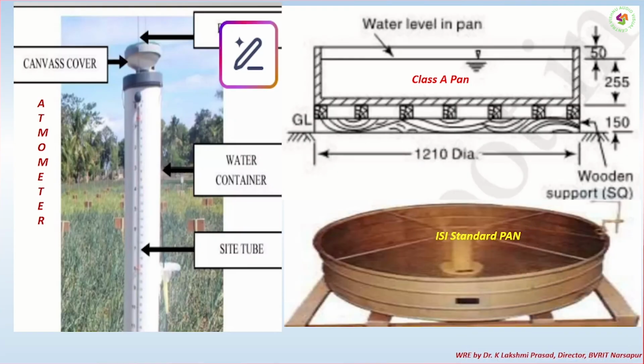Now you see this is perfect copper. This is the ISI standard pan, and this is the basic Class A pan. Class A pan dimension, if you see, is 1210 mm, whereas this dimension is 1220 mm for the ISI. So this you should remember.